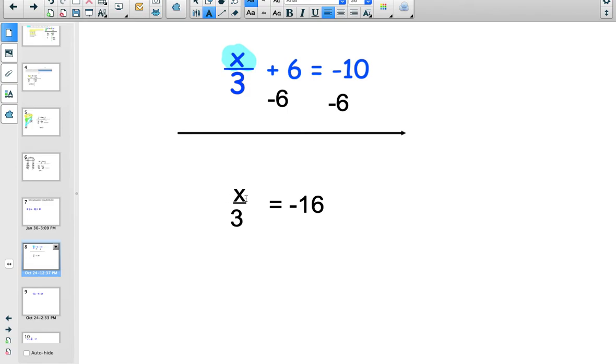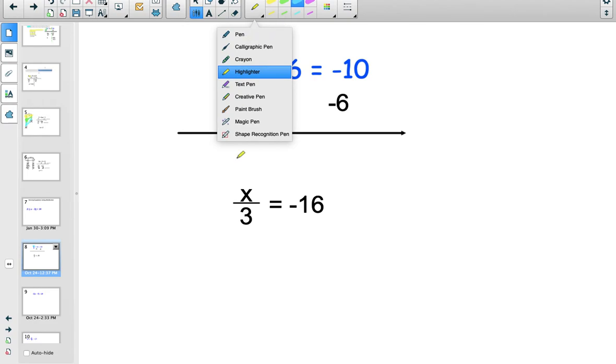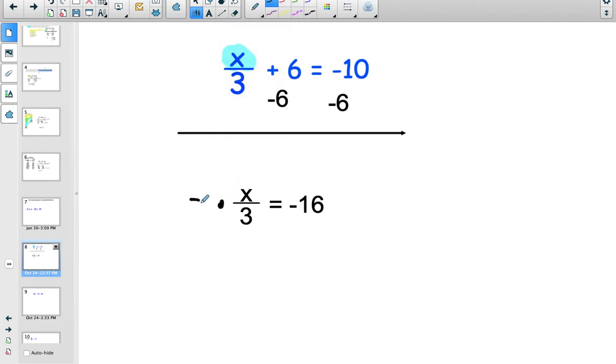Then the opposite of divide by 3 is going to be multiply by 3. So I'm going to times by 3 on both sides. Okay, so this is going to cancel out, and I'm left with x equals, well, a negative times positive is going to be negative, so it's going to be negative 48.